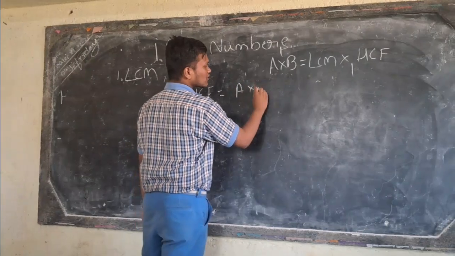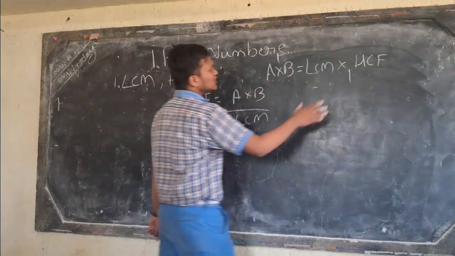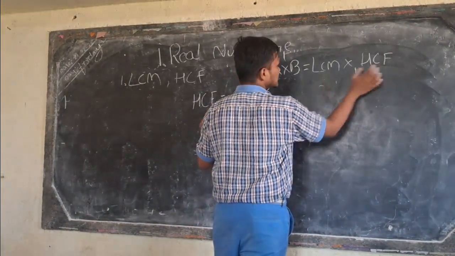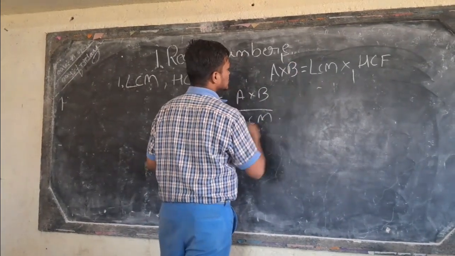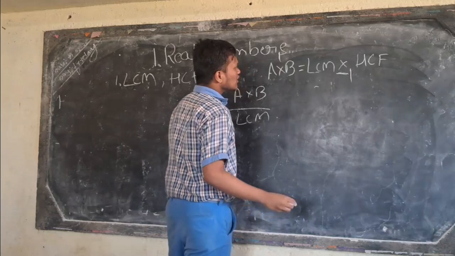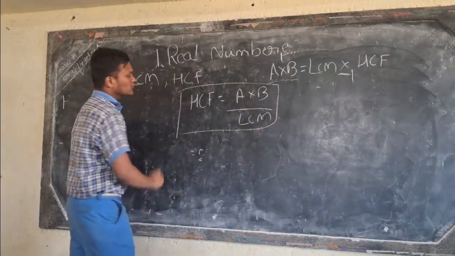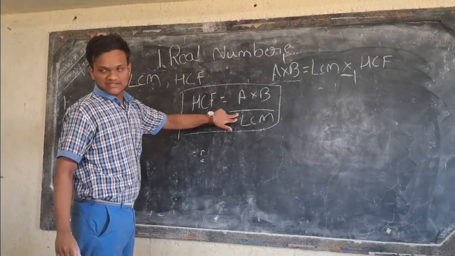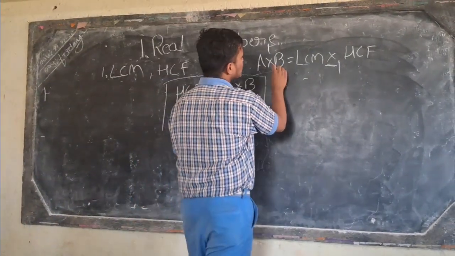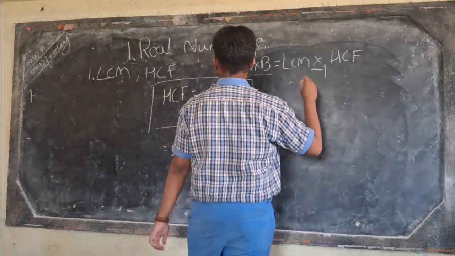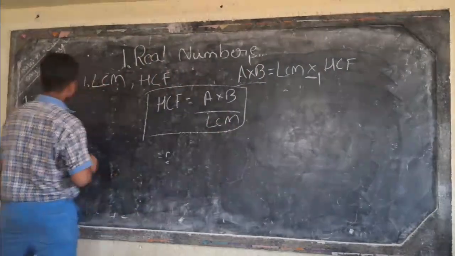A into B divided by LCM. Good. Here we have to find HCF. Then HCF keep here and LCM come to the left-hand side, which is multiplication, no? It becomes divided. So we have to put this formula to find HCF if they have given 3 elements. Okay? Next one, they give A value, B value, and they ask you to find the LCM, and they have given HCF value. Then what will you do?